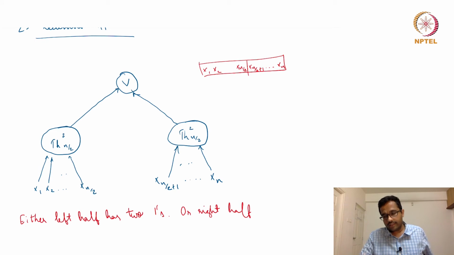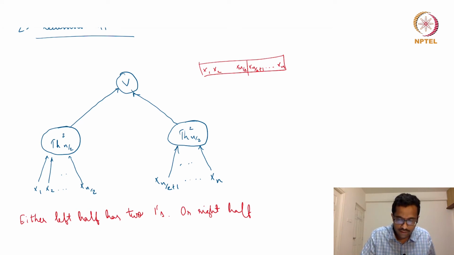There are 3 possibilities. Either there are 2 ones in the first half, x1 to xn by 2, or there are 2 ones in the second half, xn by 2 plus 1 to xn, or each half separately has a 1. So there are 3 possibilities by which you could have 2 ones.